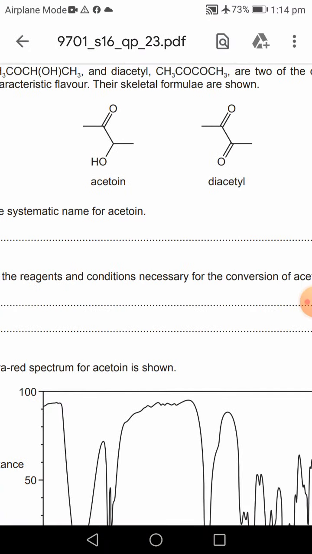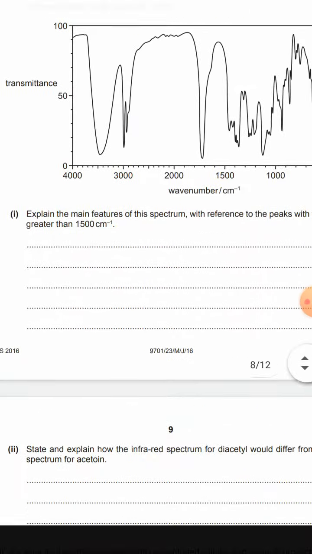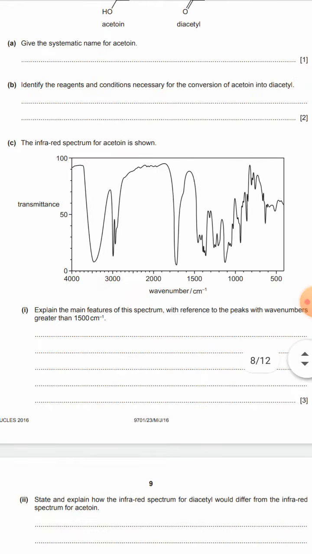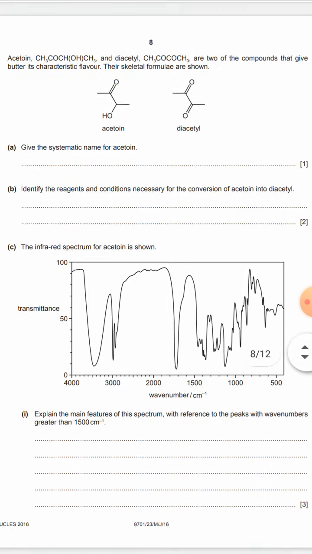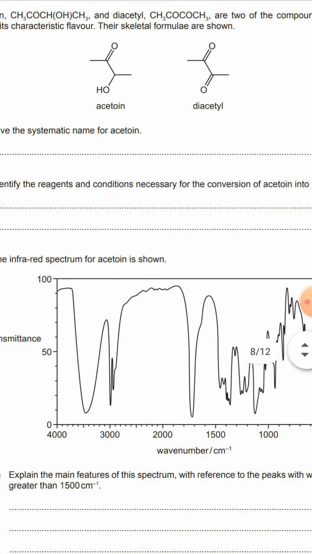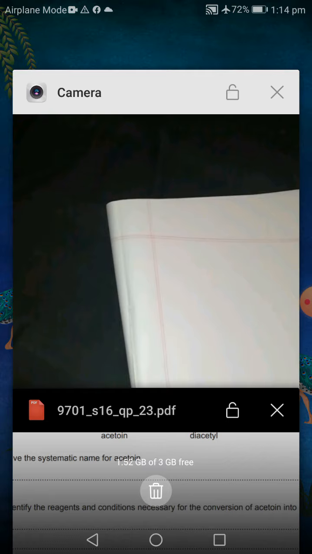Okay, what about the next question? The next question says: identify the reagents and conditions for the conversion of acetone into diacetyl. Let's see what the change is. I will be drawing the structural formula of both.